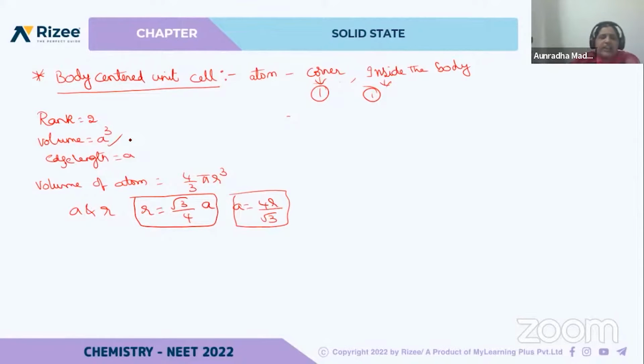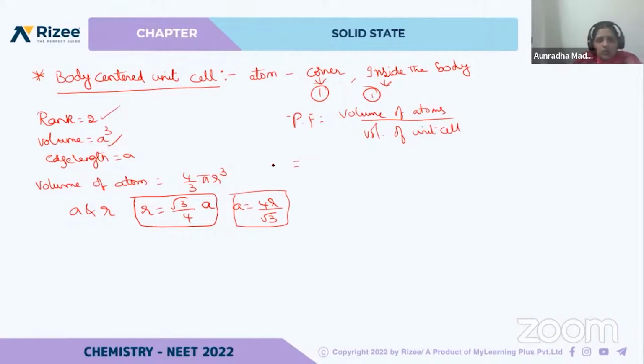So we got our rank, volume of the unit cell, and volume of atom. So we can easily calculate our packing fraction: volume occupied by atoms by volume of unit cell. But how many atoms are present in a body centered unit cell?